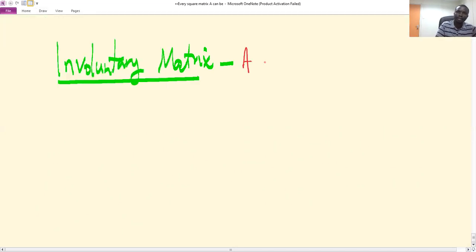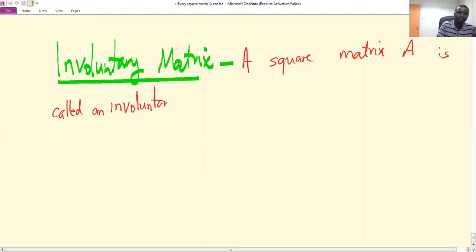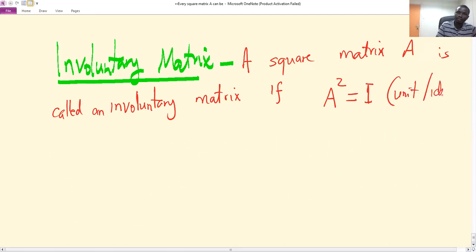So a square matrix A is called an involutory matrix if A squared is I, the unit or identity matrix.